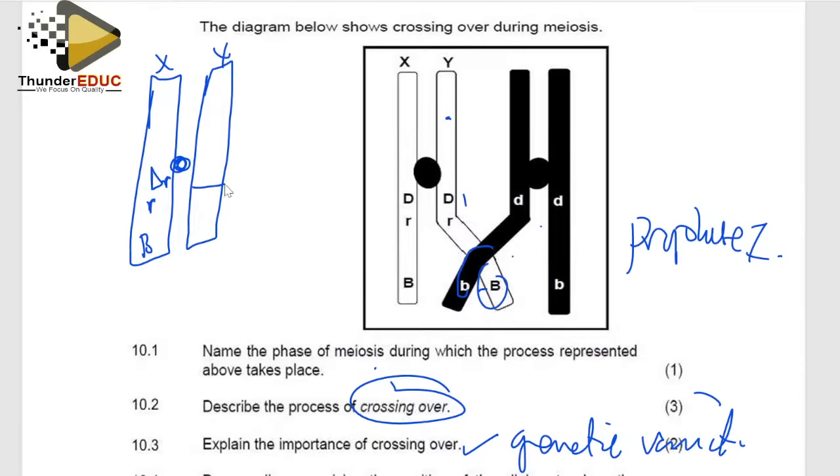It means I'm going to have my small b here because the black joined the white one, and I'm going to have my black here like this. But I still have my D and R. So that's how it's going to be. Now you can label, and you can also give the caption.